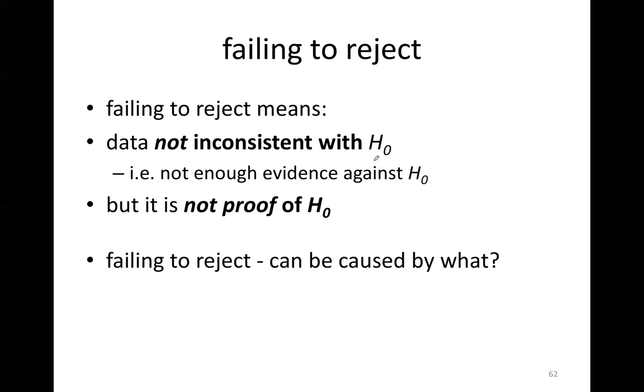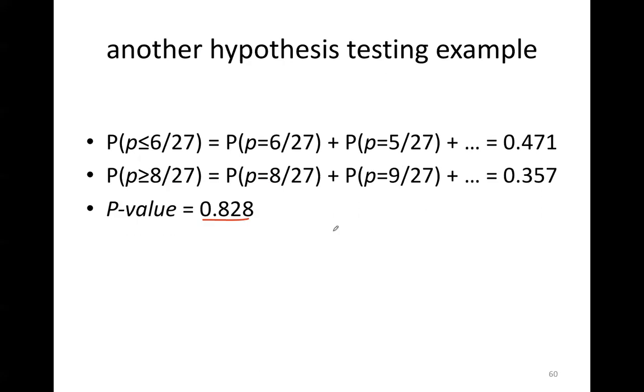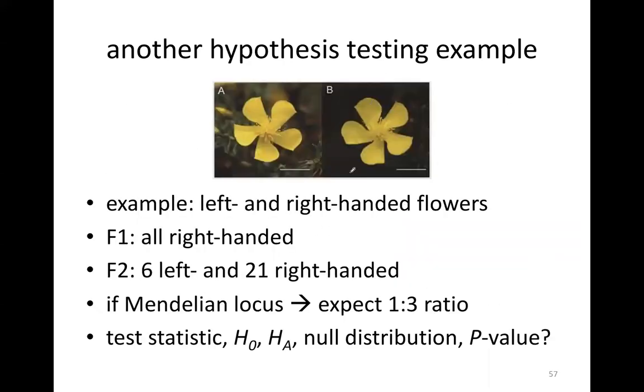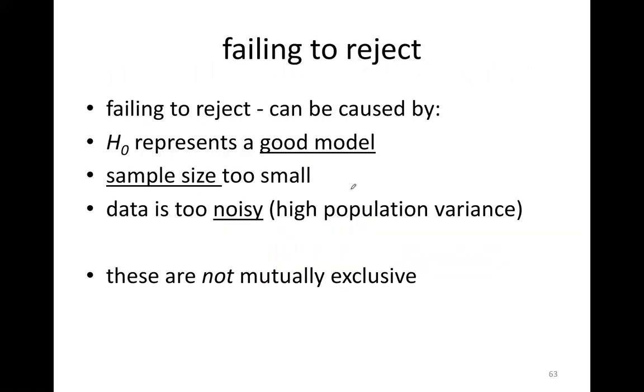It doesn't mean that the null hypothesis is correct, but there's no proof against it. So this result, together with the other results, might lead us to assume that this chirality is in fact transmitted in a Mendelian fashion. It would be support for that.